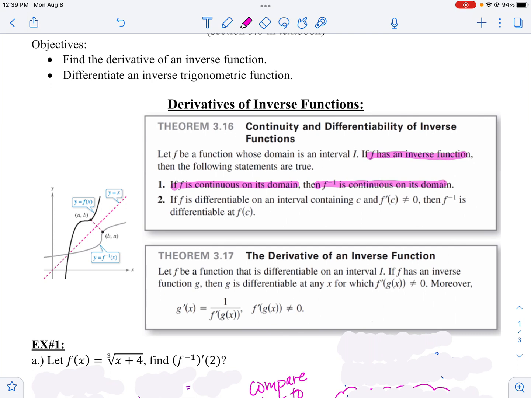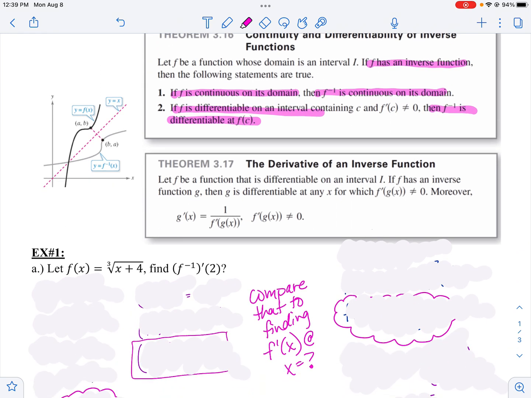It also says that if f has an inverse and f is differentiable, and make sure that the derivative there isn't equal to 0, then the inverse is also differentiable. Okay?